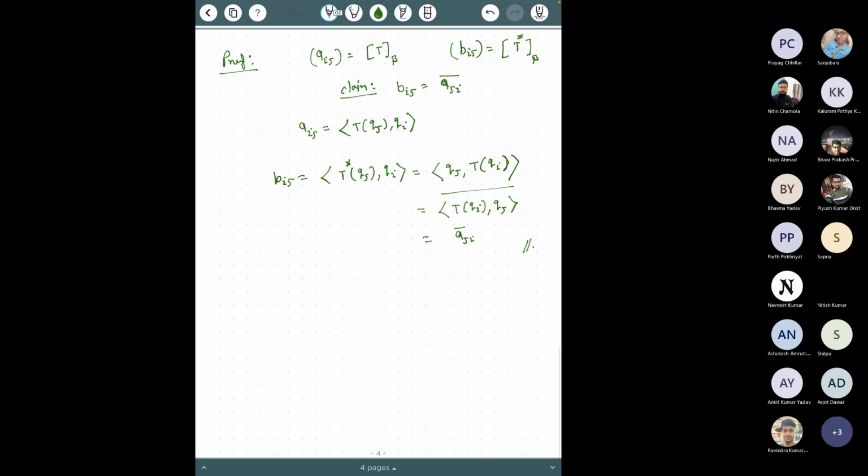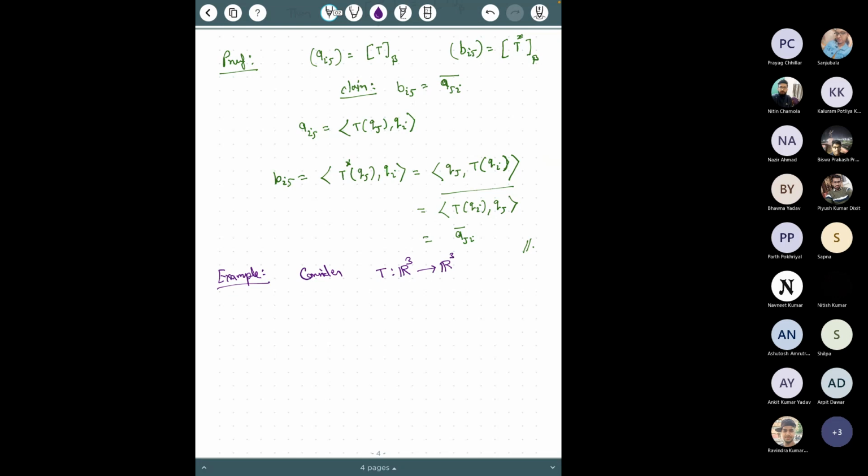Okay, so for example, let us look at this example here. Consider this operator T. I have taken this simple example, but you can work out other examples from the textbook.